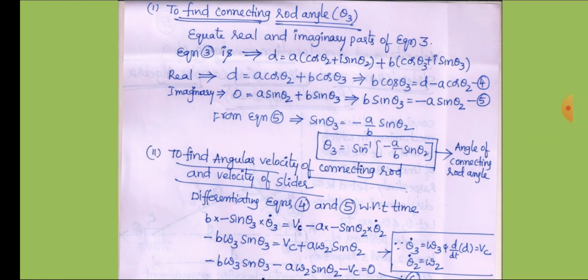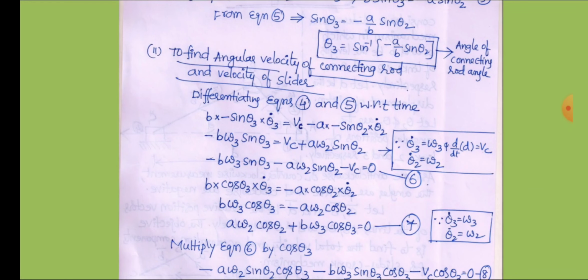So remember, first I got theta 3. Next I should find velocity. One is the velocity of the slider and another is the angular velocity of the connecting rod. To find the velocities, you have to remember, immediately you should get in mind that I should differentiate equations 4 and 5 with respect to time, because what is our equation 3?